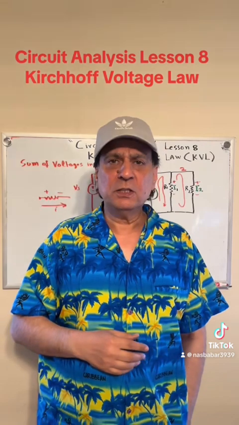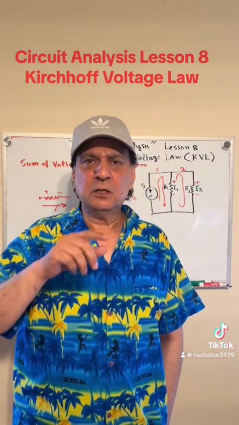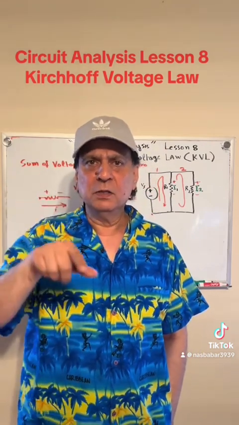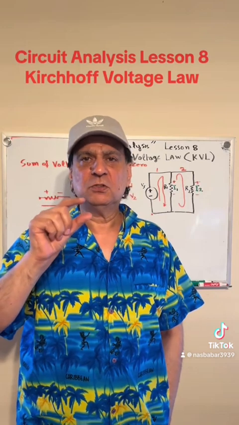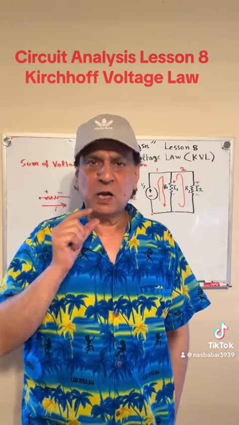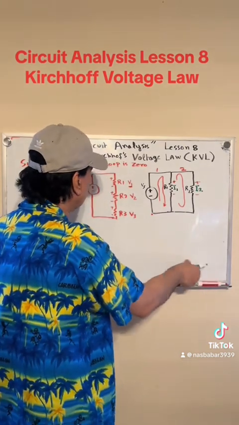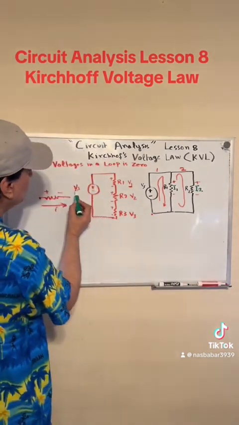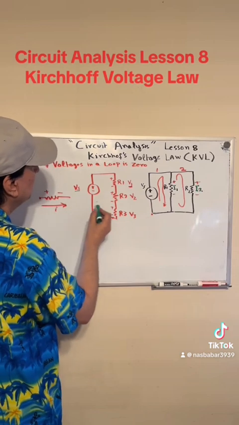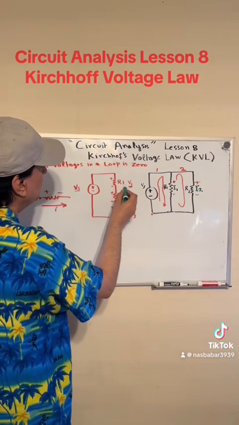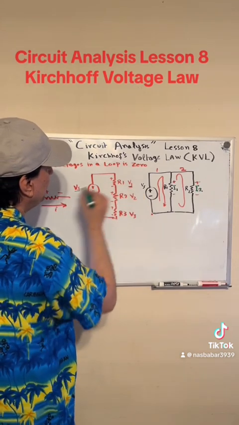So Kirchhoff's voltage law basically states that in a closed circuit, in a loop, the sum of all voltages is zero. Let's look at this example right here. I have this V sub S, which is the source. Then I've got R1 right here, and the voltage drop over here is V1.